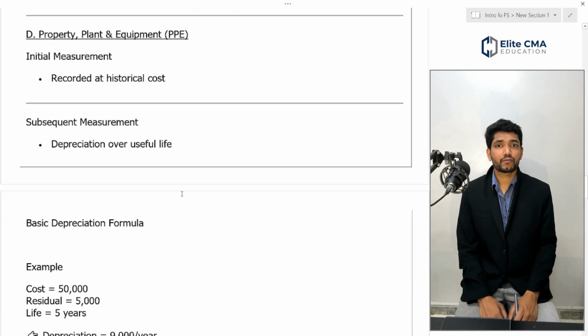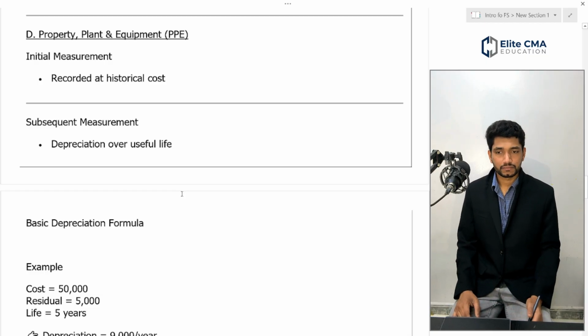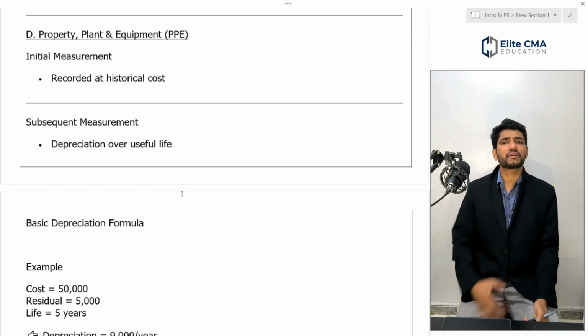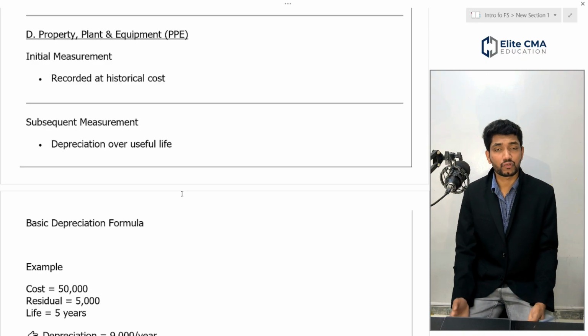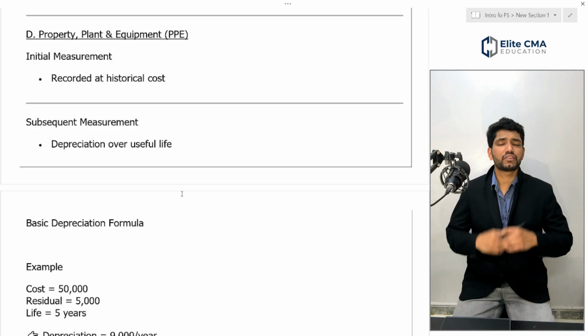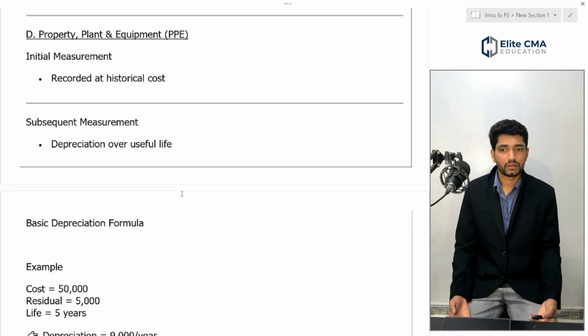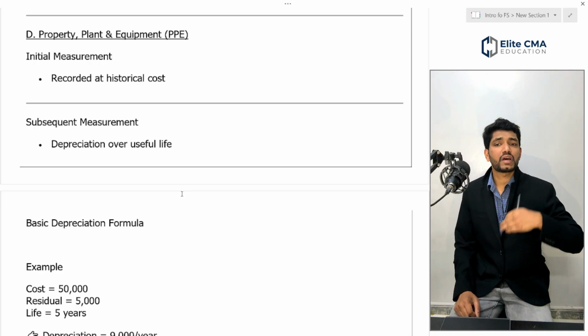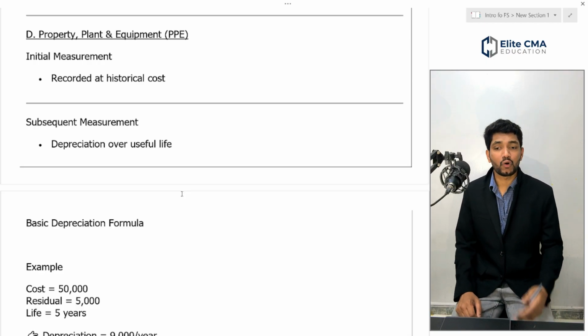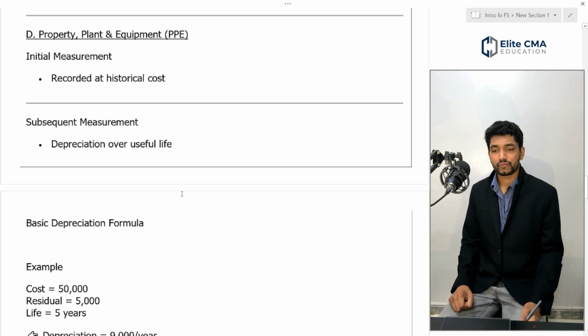Let's move to the next category of asset, that is property, plant and equipment. Property, plant and equipment is initially measured at historical cost. Historical cost means the total cost to develop that property, plant and equipment. Then we allocate depreciation over its useful life.